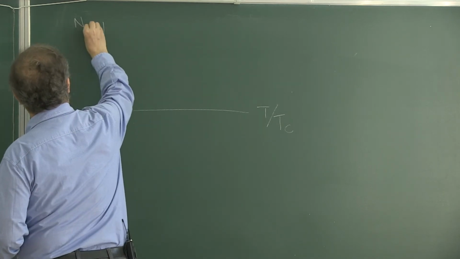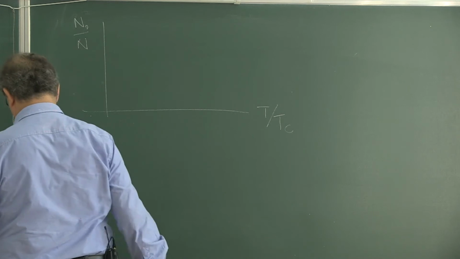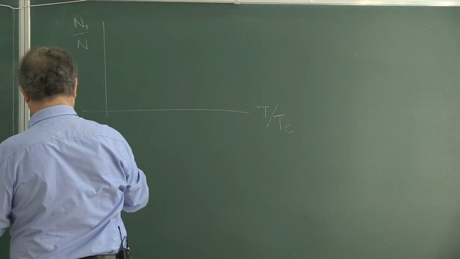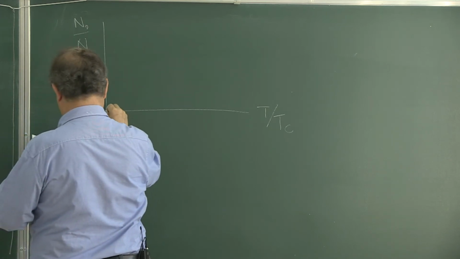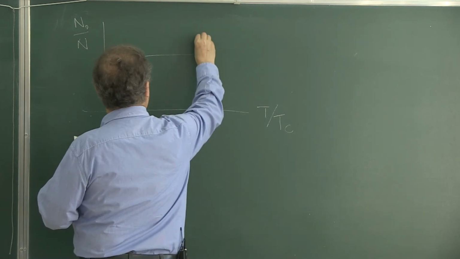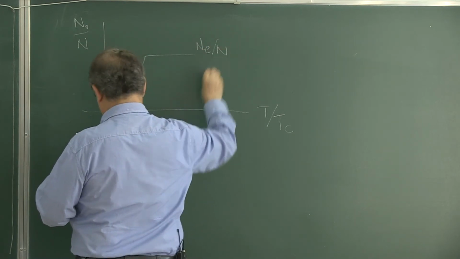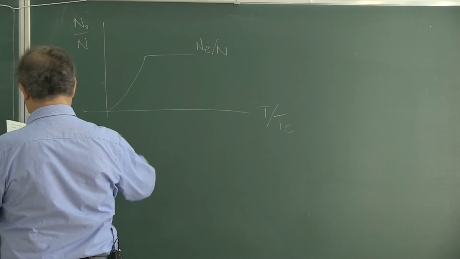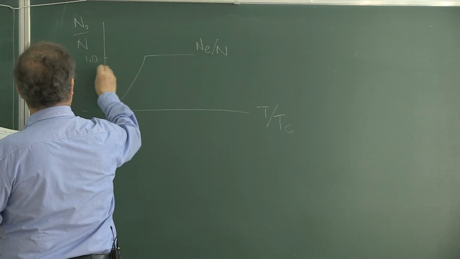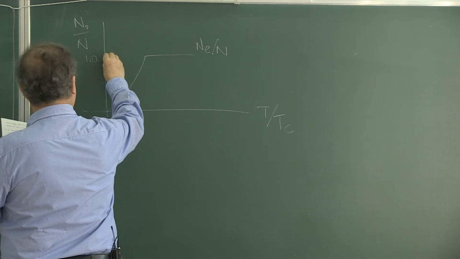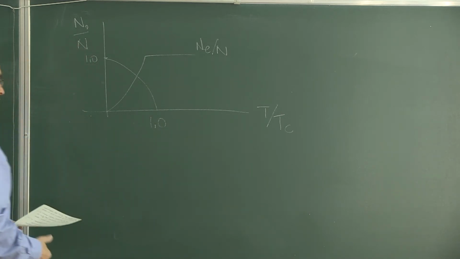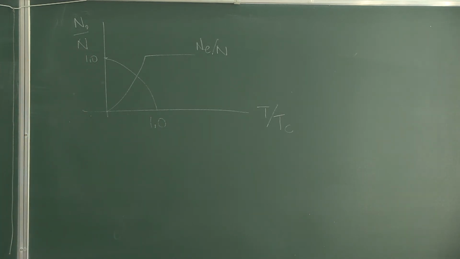And here's N0 over N. And the numbers in the excited state, it is something like this. And N0 over N is growing after T is smaller than Tc.